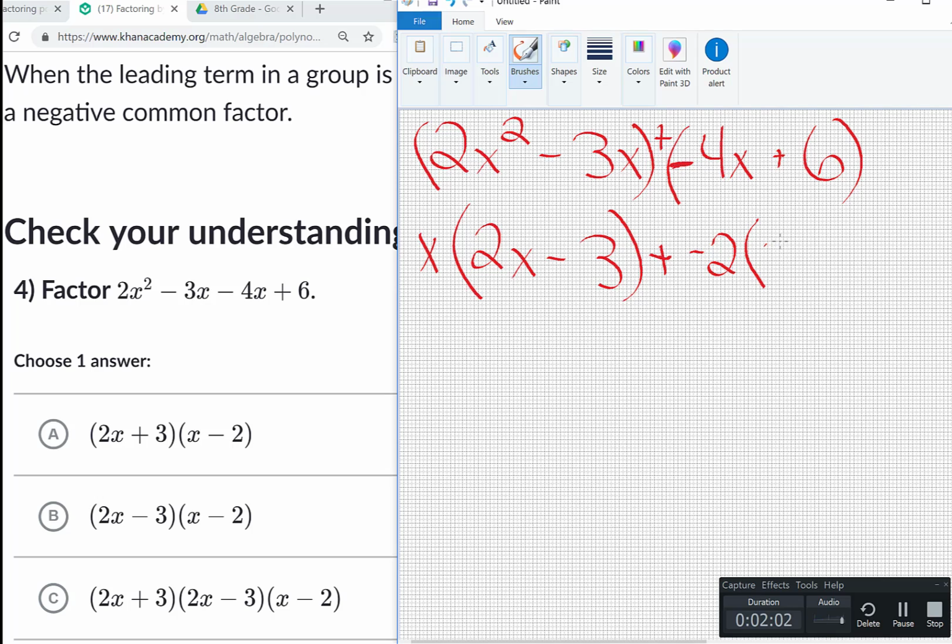Now we have greatest common factors between the two. So we end up with 2x minus 3, and then the other pair would be x minus 2, or x plus negative 2, but you end up at the same spot.